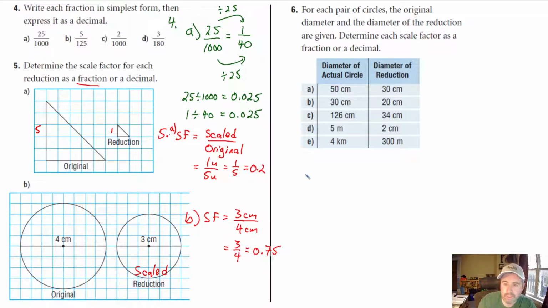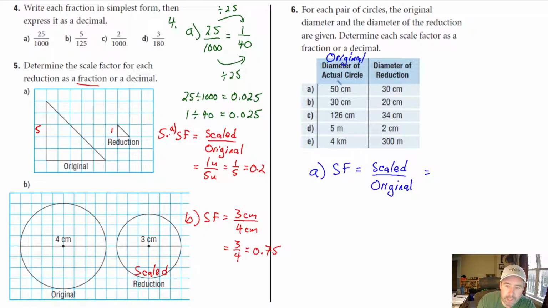All right, so for 6A, our scale factor again is going to be the scaled length divided by the original. Just remember that, the original always goes on the bottom. So in this case, this is going to be our original.